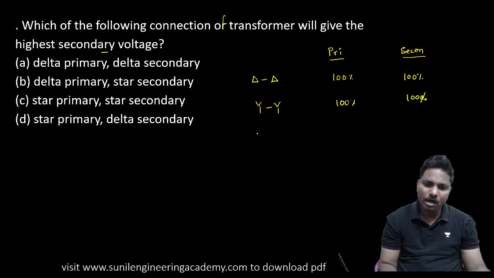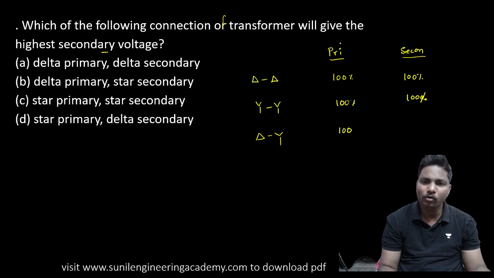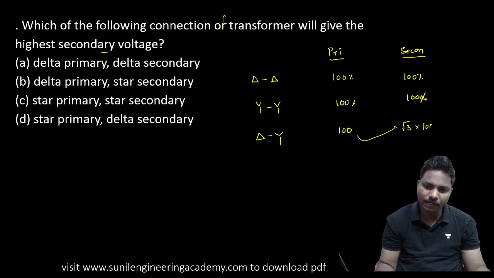Now the real thing is delta to star. Here, if the delta primary voltage is 100, then on the star side it is root 3 times the phase value, root 3 times 100. That is nothing but 173.2%.